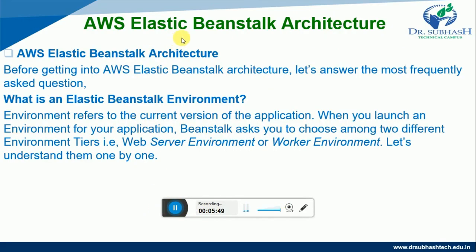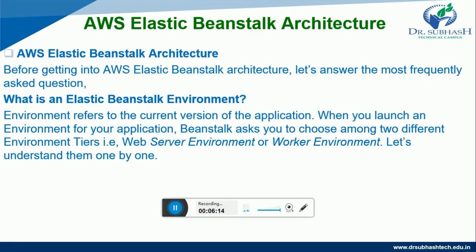Now we would like to see the architecture of Elastic Beanstalk. Before getting into the Elastic Beanstalk architecture, let's answer the most frequently asked question: what is an Elastic Beanstalk environment? Environment refers to the current version of the application.